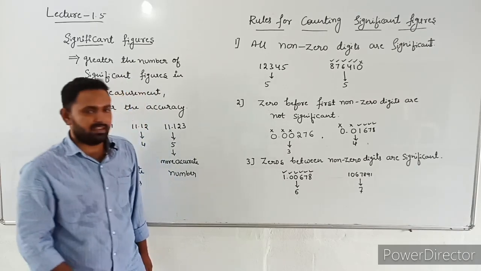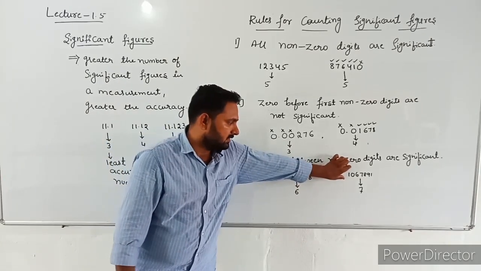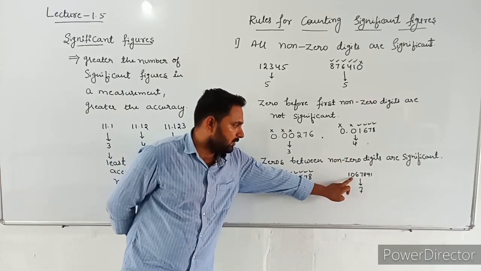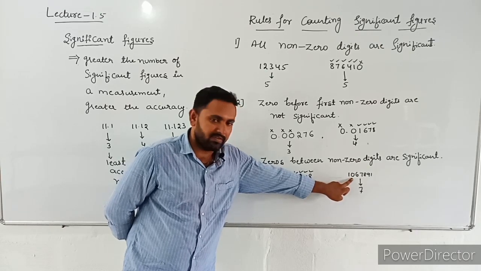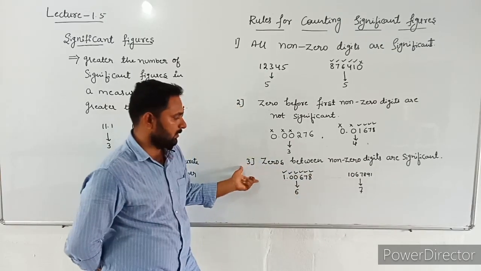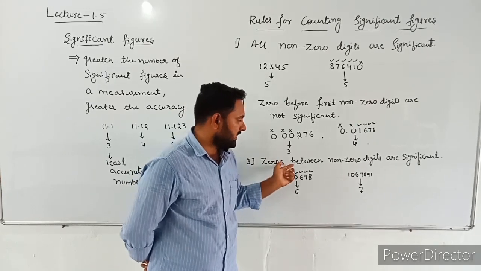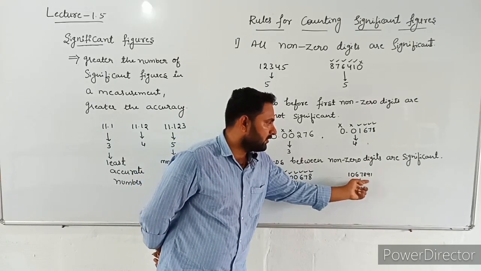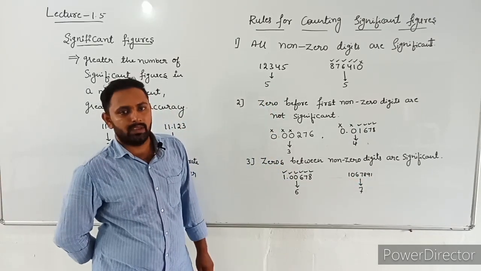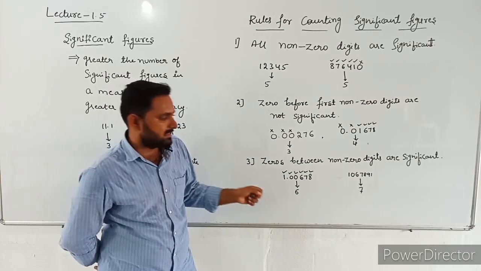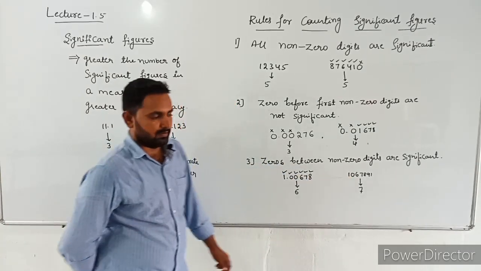There are 7 significant figures in this number. Here 0 is also considered significant. Why? Because according to the third rule, if the zeros are present in between non-zero digits, then we consider them as significant figures.